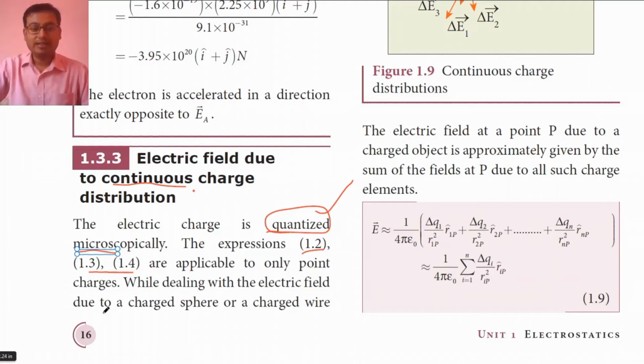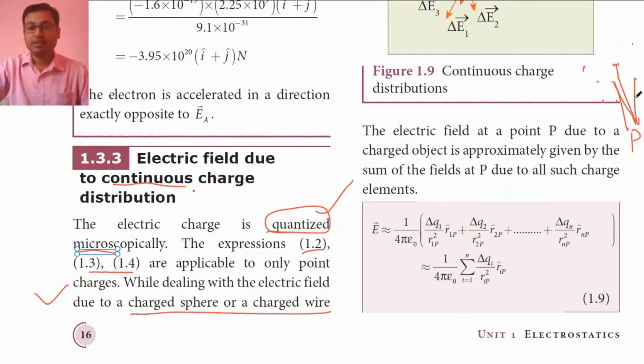While dealing with the electric field due to charged spheres or charged wire, what does that mean? In our previous section 1.3.2 we have seen that if charges are scattered in a system, and we are interested to find out the electric field at point P, which is arbitrary, because of all the point charges.